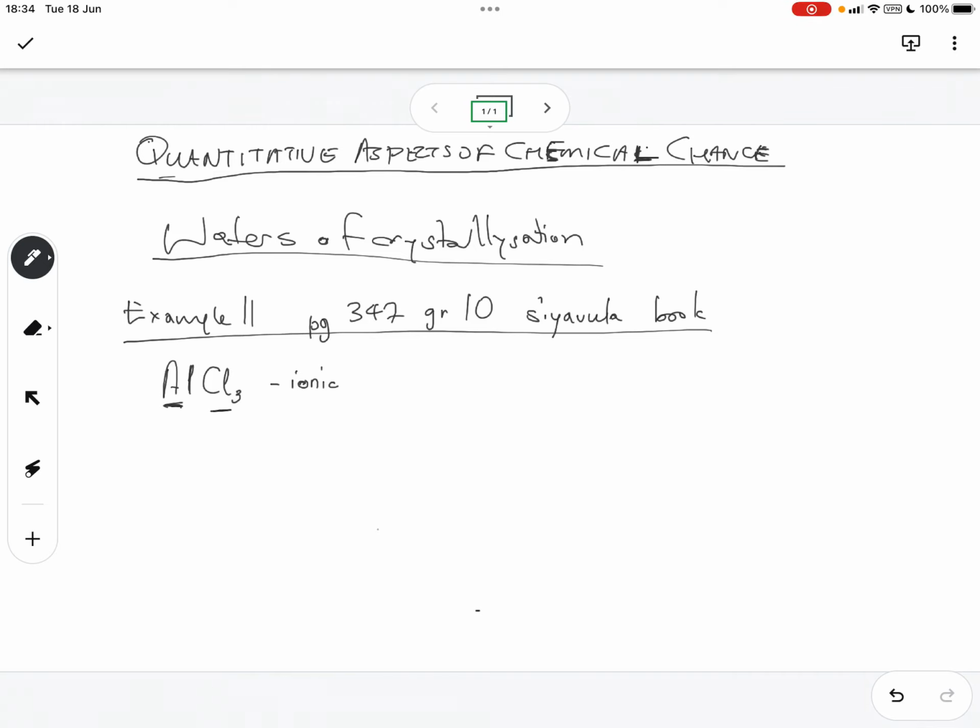So the water molecules may be trapped inside the crystal lattice. The aluminium trichloride is an ionic substance and it forms crystals in the solid phase.